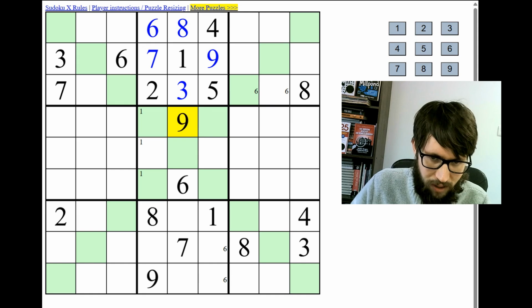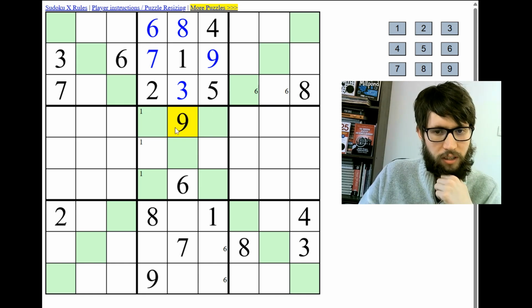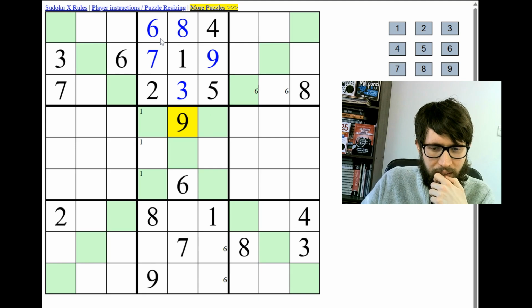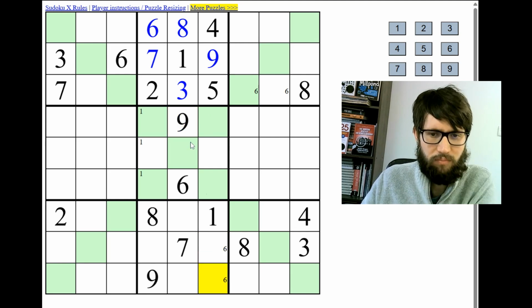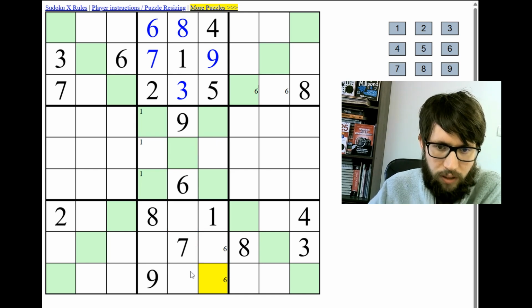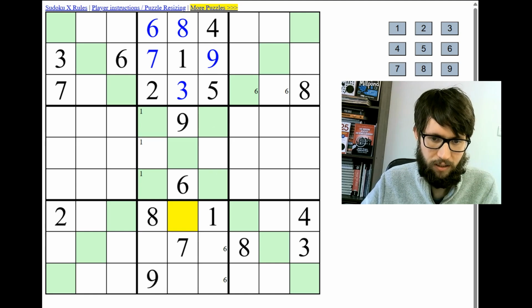Excellent. Can we now use this block to fill in others? Well, what haven't we got? We haven't got a 6 in the bottom, so the 6 we know is one of these 2. Have we got a 5? No, the 5 can't be there or there. The 5 has to be one of these 3.